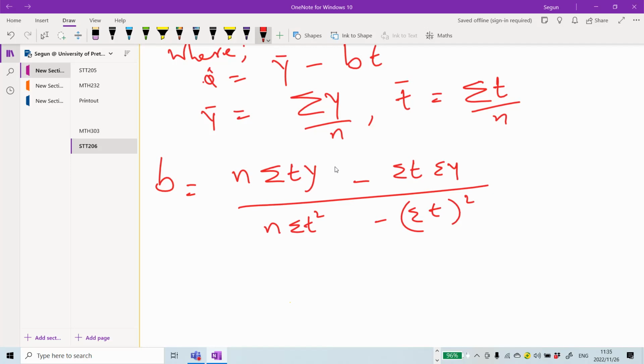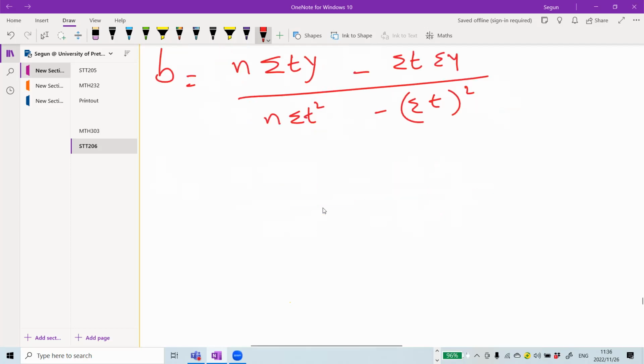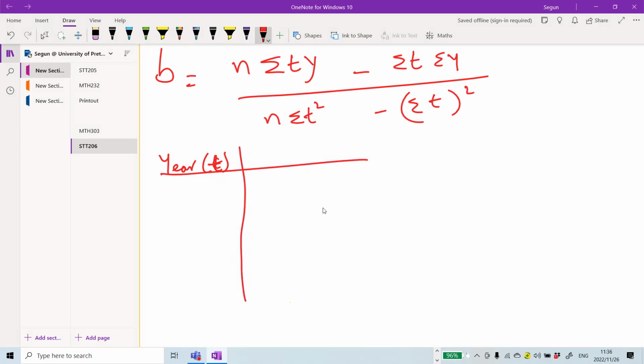So we can solve this thing. Let's look at this question that says year, we have year in t. Year is measured in t, that is the period in t. Then we're looking at our result, which is output, as y.